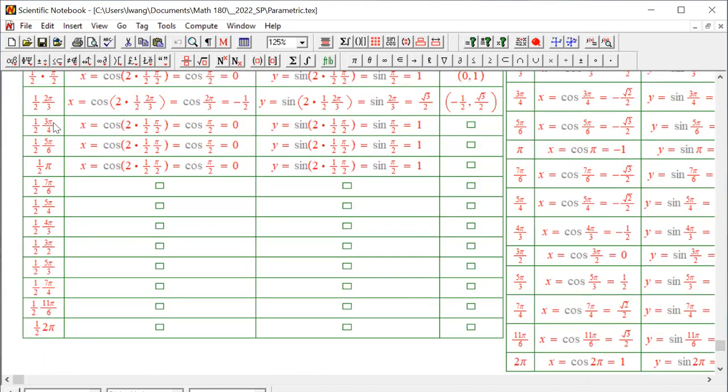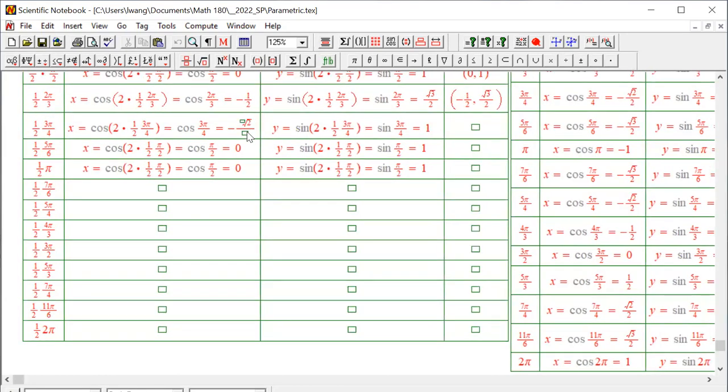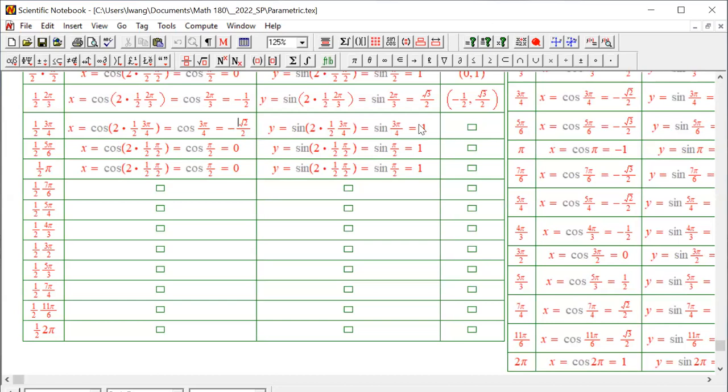So keep going, 3 pi over 2. That's going to be 3 pi over 2 here, and that is going to be negative root 2 over 2, and the other is going to be positive root 2 over 2.